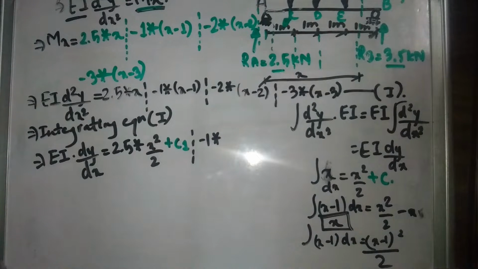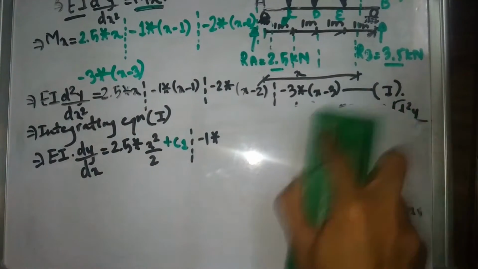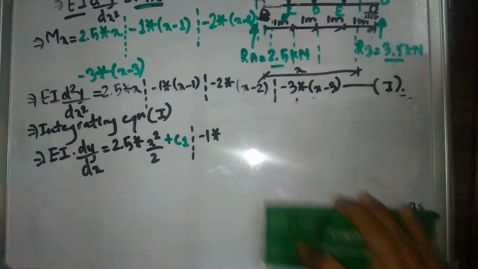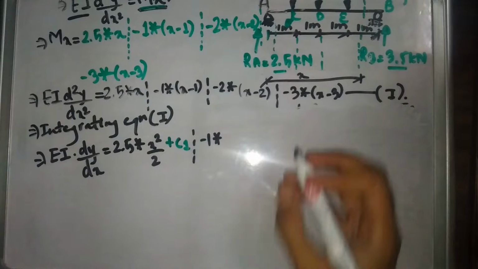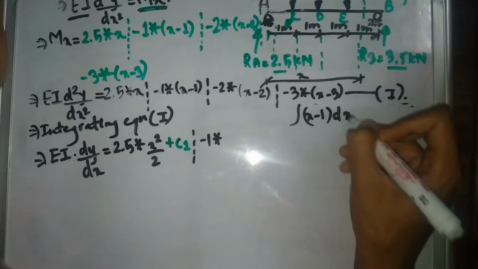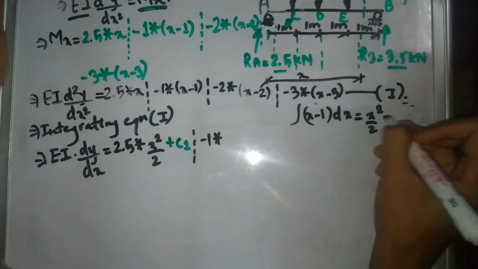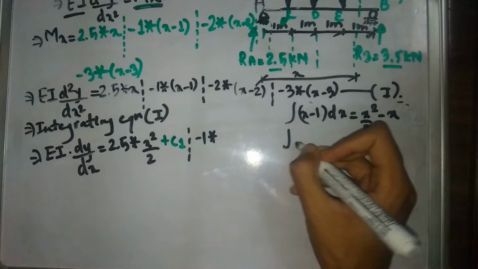So let me explain this one more time. Under the normal method of integration, x minus 1 dx is going to be x square by 2 minus x. So that is our normal integration, but in our double integration method we are going to calculate x minus 1 in a little bit different way.